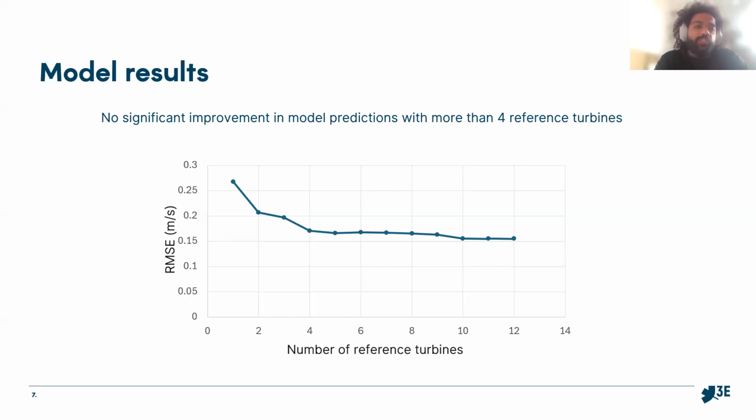So we do a simple sensitivity analysis to see the prediction errors, and as you see from the plots, with 4 or 5 reference turbines we got a good model prediction. There is improvement if you use more turbines, but it's not a lot. So we limit it to 4 to 5 in this case, but you could use more for higher accuracy if required.